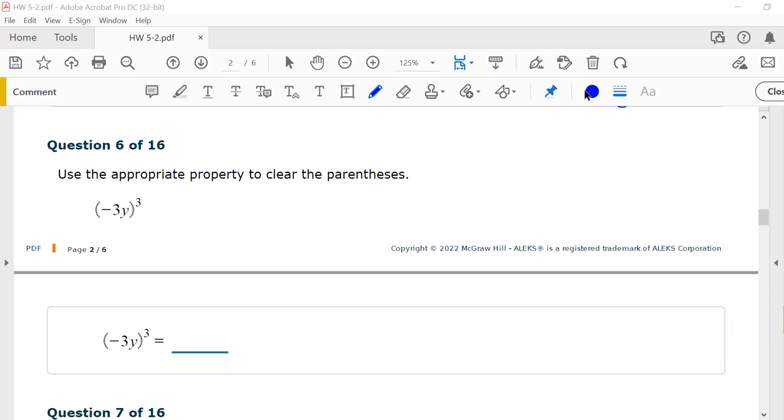Number 6, you have negative 3y quantity cubed. So I'm going to write that as negative 3 times y, cubed. So that's negative 3 cubed y cubed. Now, what is negative 3 quantity cubed? Notice how I kept the parentheses because I'm wanting all of the negative 3 cubed.